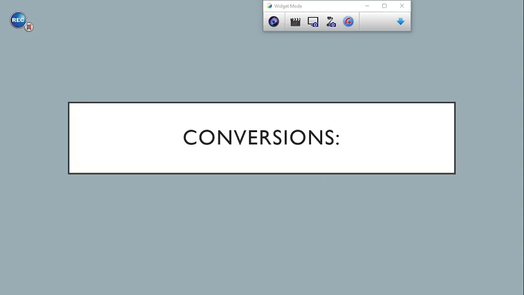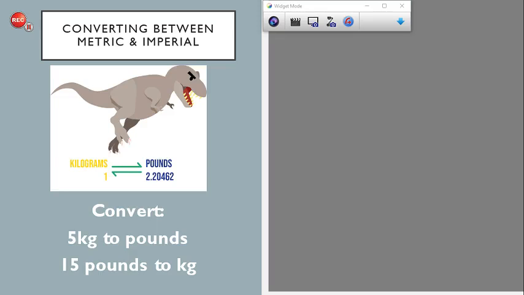So first of all, I call this method the magic method at times because it works so well and nice and easy. So if we look here quickly, we're going to convert between metric and imperial. We have kilograms and pounds in this case, so we are going to be measuring mass.